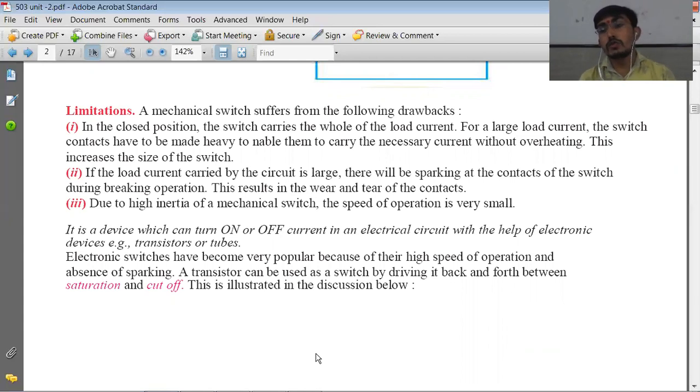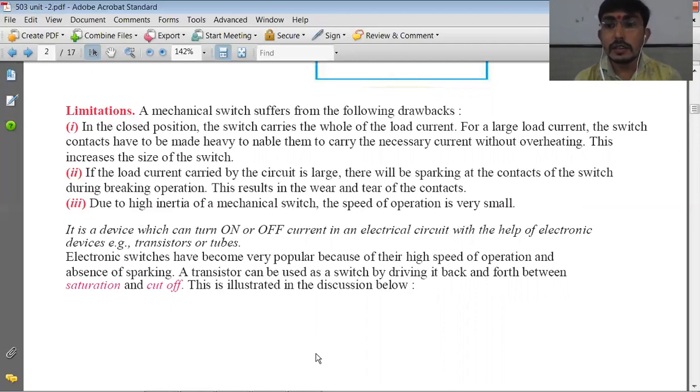But how can we use a transistor as a switch? We know very well that there are a number of regions in the transistor: the cutoff region, the saturation region, and between the cutoff and saturation there is the active region. The cutoff and the saturation are called the stable regions of the transistor.